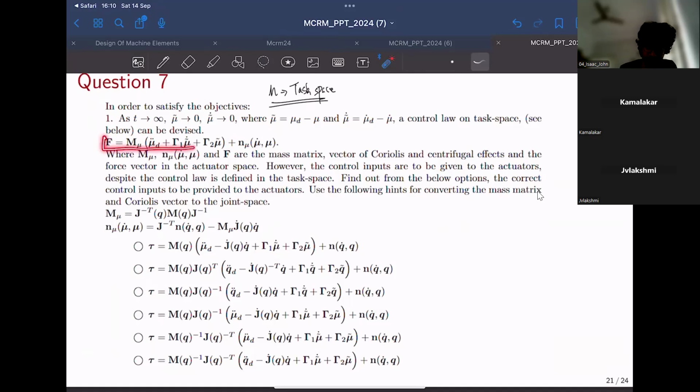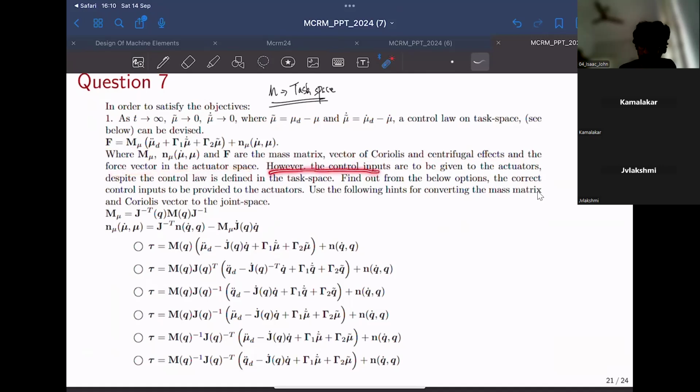And this is basically the computed control law in task space. Where m of mu, n of mu, and f are the mass matrix, vector of Coriolis and centrifugal effects, and the force vector in actuator spaces.